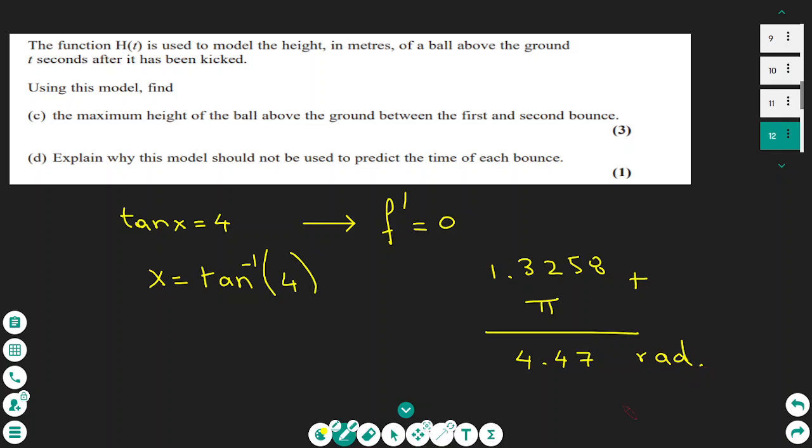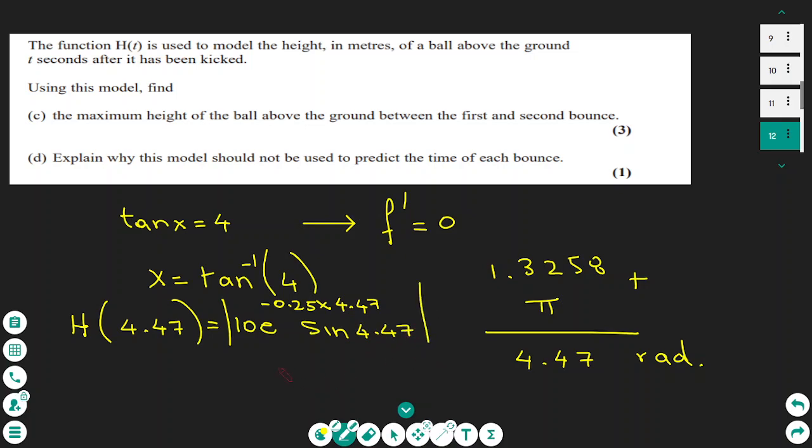These values are in radians. This is the time that produces the maximum height. To find the maximum height, I need to use the function h, substitute 4.47 into the modulus of f(x) = 10e^(-0.25x) sin x, and the maximum value will be 3.18 meters.